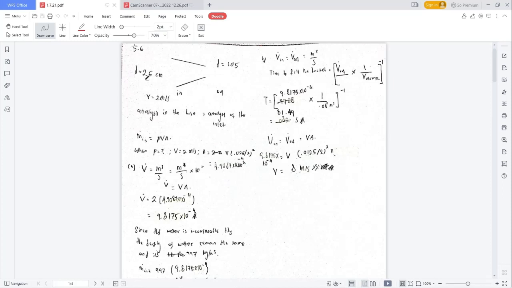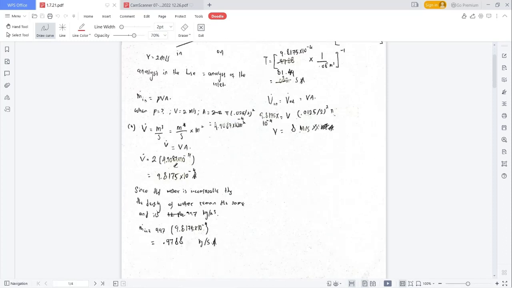The 0.025 comes from the diameter; you need to convert 2.5 cm into SI units, then use the area equation for a circle. So we get 4.9087 times 10 to the power of -4 in SI units. So 2 times this value gives 9.8175 times 10 to the power of -4. So this will be the volume flow rate of the water at the inlet.